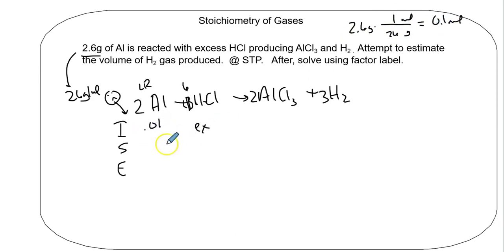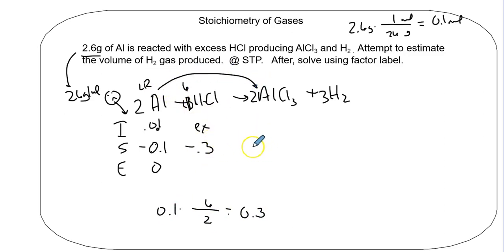So this is 0.1, and I'm going to use all of it, minus 0.1 to 0. At that point, how much of the HCl will I consume? It's a 2 to 6 ratio, or 1 to 3. 0.1 at a 2 to 6 ratio is 0.3. So I'm going to lose 0.3 of this. Whatever I happen to have, I'm going to lose that much of it. At a 2 to 2 ratio, I will gain 0.1 moles of aluminum chloride.